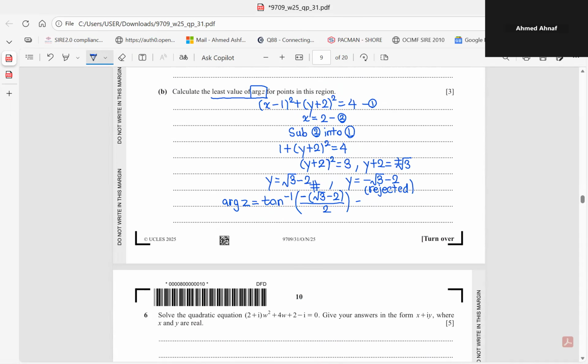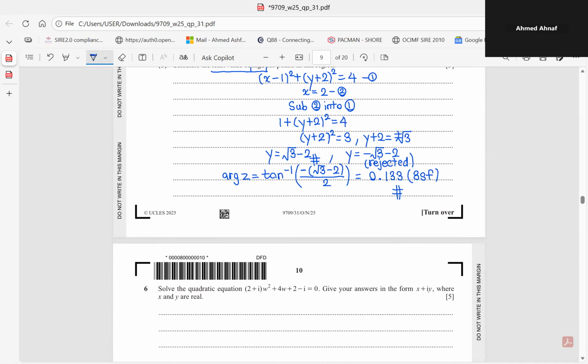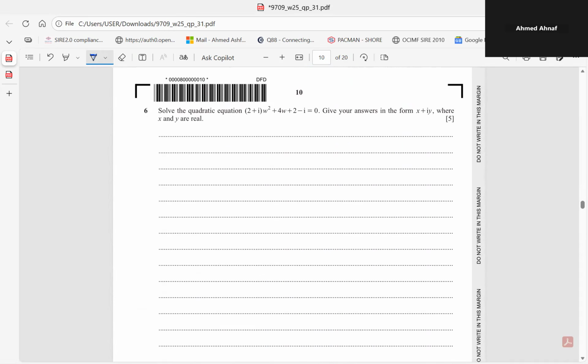Doing this, you would get tan inverse of (2 minus square root 3) over 2. Your answer must be in radians for this. You would get 0.133 to 3 SF. This would be our final answer for this part, as well as the entire question. Moving on to the next question.